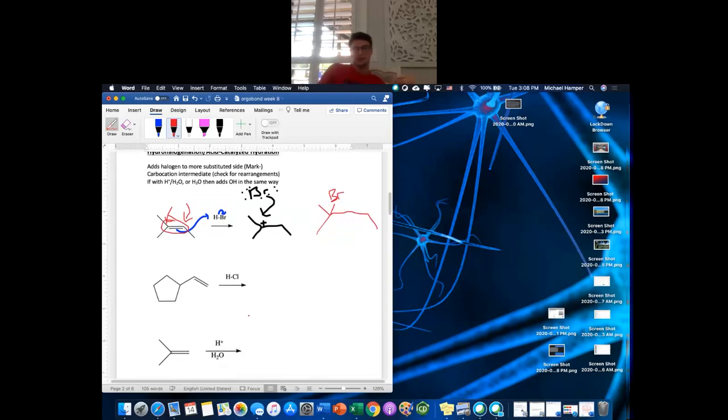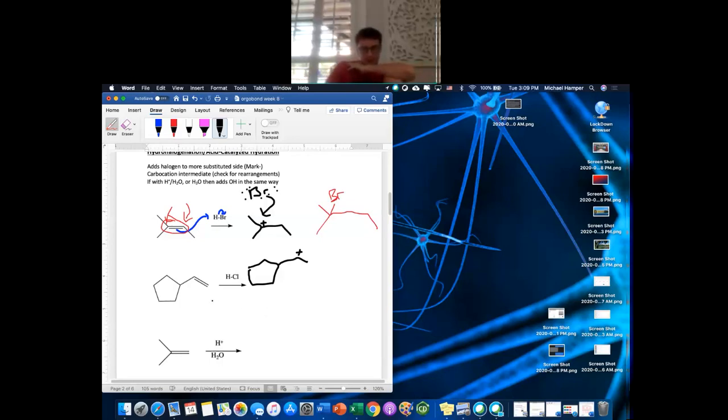So using that logic, going back to the last chapter, you'd see that your intermediate would be like this. And we know that this is less stable, and here's a ring with ring strain, and so it's able to go to a more stable cycloalkane, and so it's going to do a ring expansion.